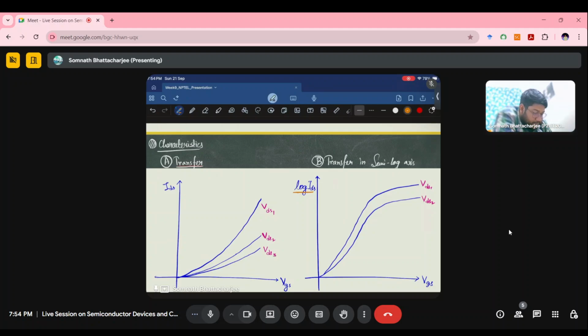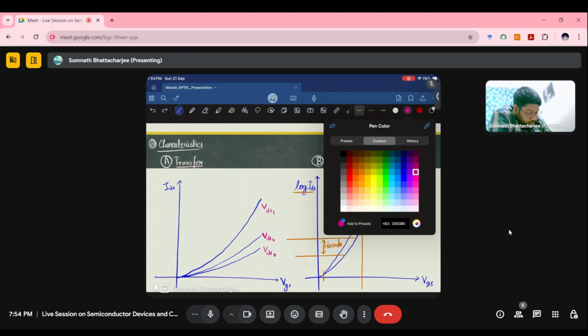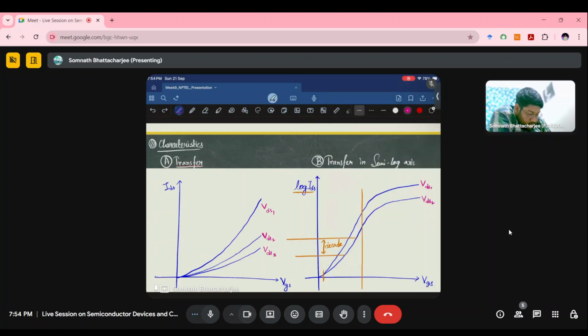What is here is that if this is, let's say, here, from here we can directly determine any decade change. So let's say if from here to here it is a decade change or 10 times change. Based on this change, we can get the corresponding change in these values, right?